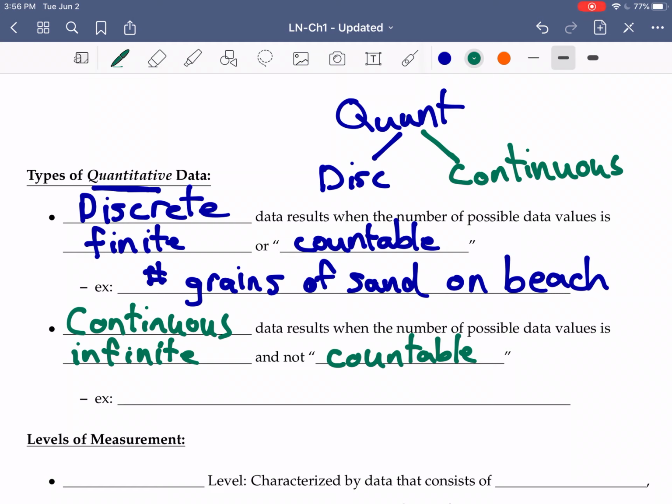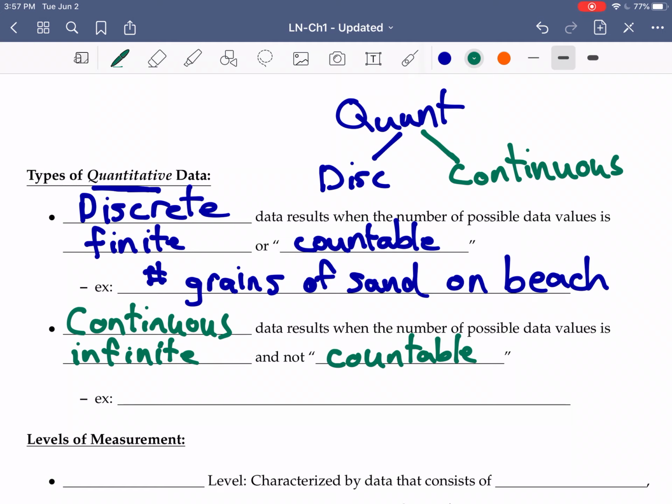If you say infinity to the infinity power, that's going to be a different size of infinity. So when we think about a continuous process, we should be thinking about an infinite thing where it's not countable.